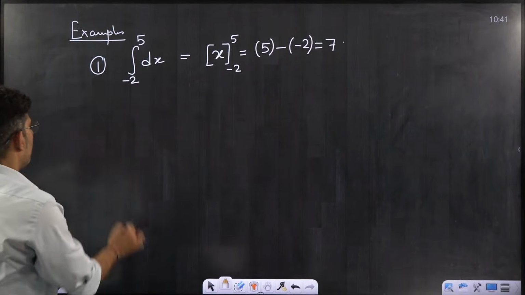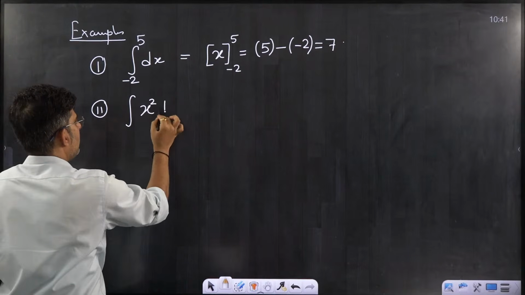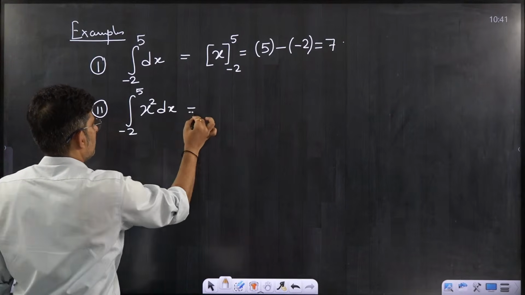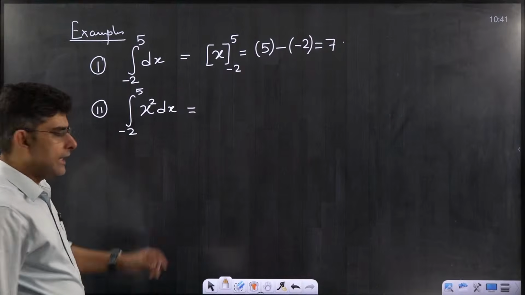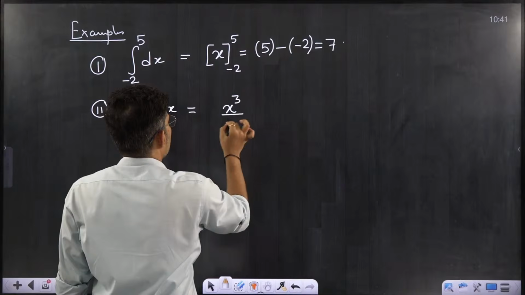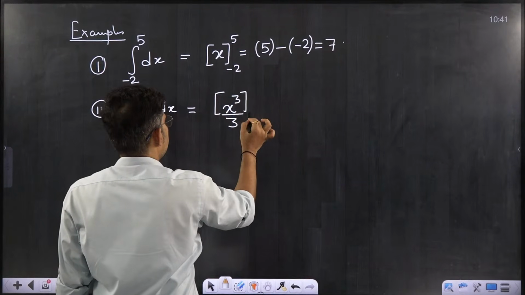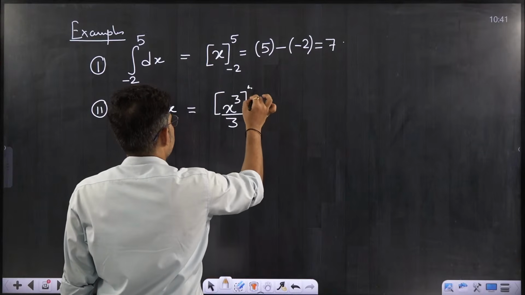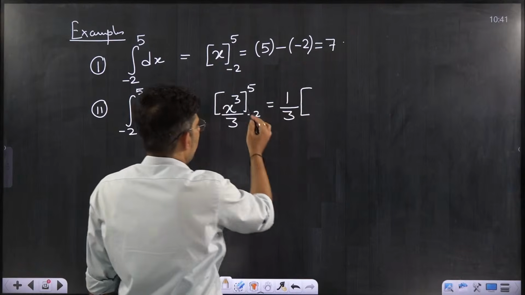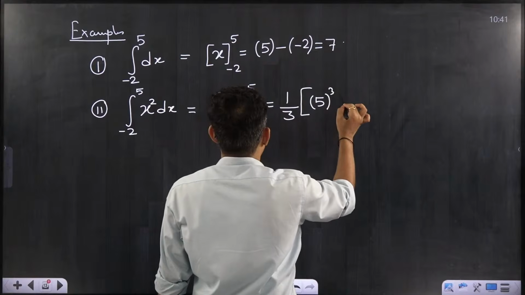Correct. Now suppose the same thing goes and I put x square dx from minus 2 to 5. Now what will happen? You will say, sir, x square, so I know x cube by 3. Then you have to put the limits as minus 2 and 5. 1 by 3 outside is as it is. First you will put 5 in place of x. Wherever you had x, you will put 5.